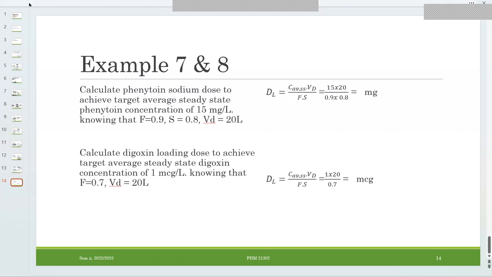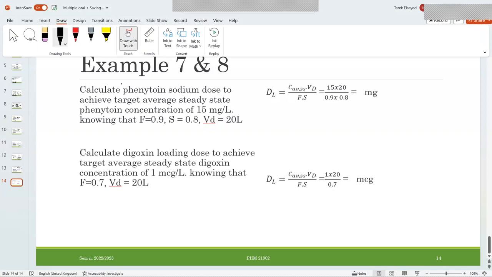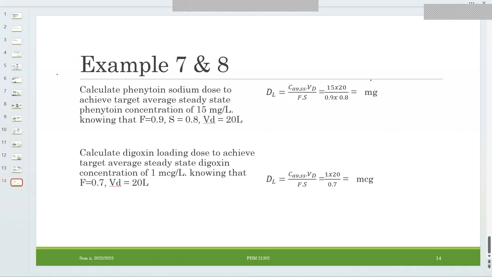So the loading dose will be equal to the target steady state concentration times volume of distribution divided by F and S. So the target concentration, as in the problem here, is 15. Volume of distribution 20 liters. Bioavailability is 0.9 and salt fraction is 0.8. 0.8 here means that 80% of phenytoin sodium is phenytoin.